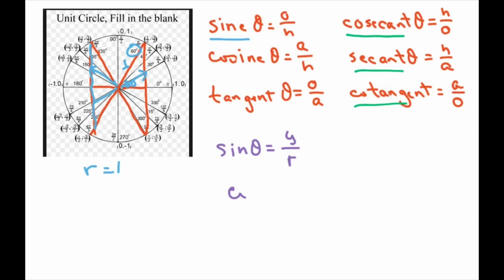Cosine is adjacent. If you look at adjacent to 60 degrees, it's right here. That is your x. So we're going to rewrite this as x divided by r. And then you just use the rest of them.